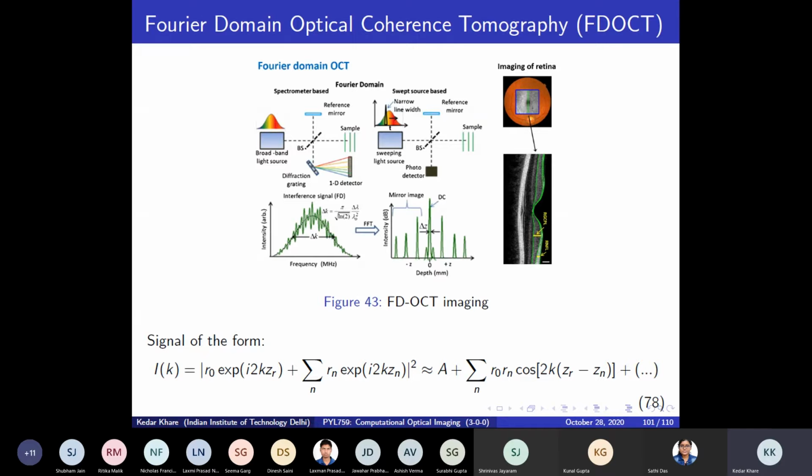Generally this modality works in near IR, where the light penetrates a little more inside the skin or tissue. Visible light will scatter away. The idea is that this modality is essentially a microinterferometer.